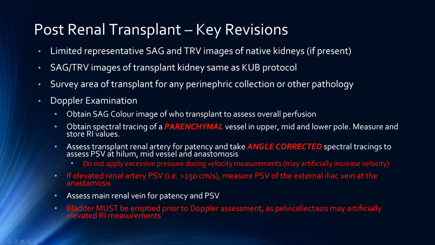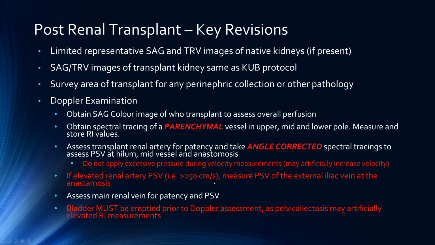It's also good to obtain an angle-corrected spectral tracing of the external iliac artery just above the level of the anastomosis, because that can be useful in looking at flow ratios between the anastomotic artery, renal artery, and the external iliac artery.